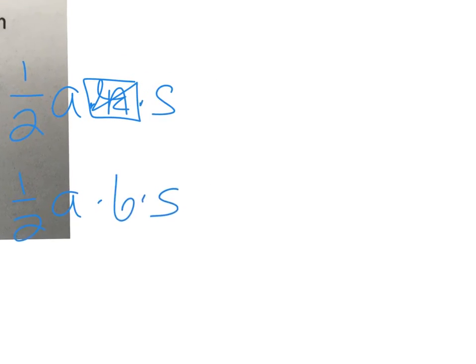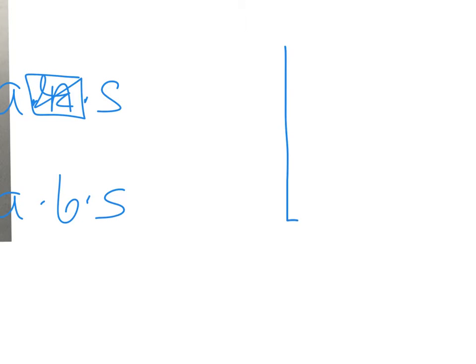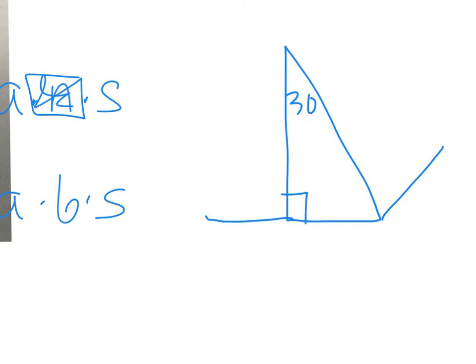So let's come back over here. Start again with 1/2 of a times n times s. Replace our n with 6. And let's talk about the other way. In addition to this being a tangent relationship, that triangle that we drew in our hexagon, remember our hexagon looked like this, is also a 30, 60, 90 triangle, where the side length of a hexagon is the same as the radius.